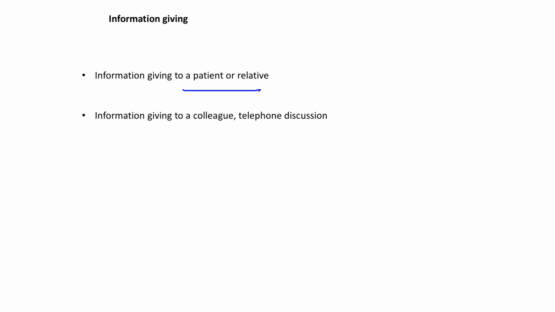And the second station is an information giving station to a colleague, and it's usually a telephone discussion, and you discuss a patient with your senior colleague like a consultant, or another senior colleague in your hospital or another hospital.